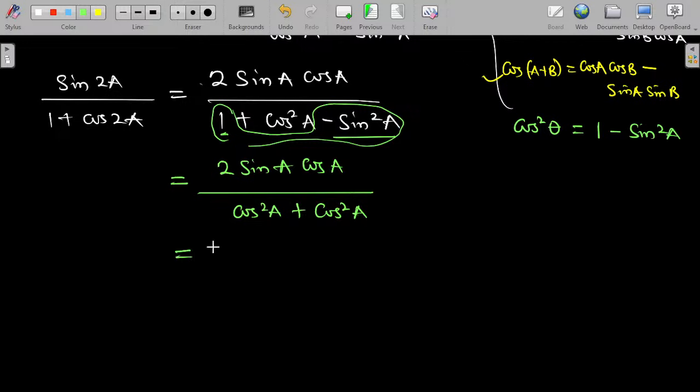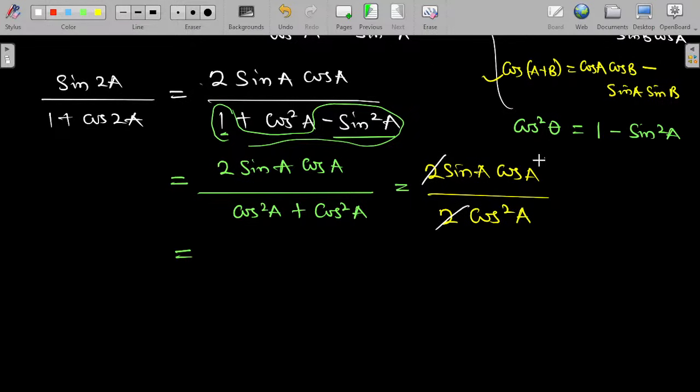So invariably, the denominator, let me even write it here. The numerator is still 2 sine a cos a all over. So the denominator will now become 2 cos squared a if you join the two. And immediately 2 will cancel 2. Follow me. Cos a up will cancel one cos a down.